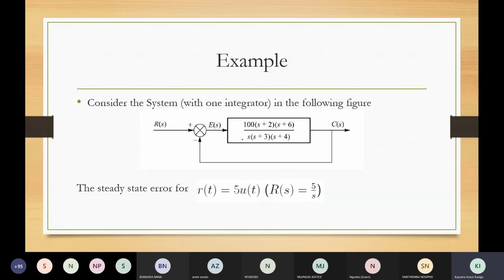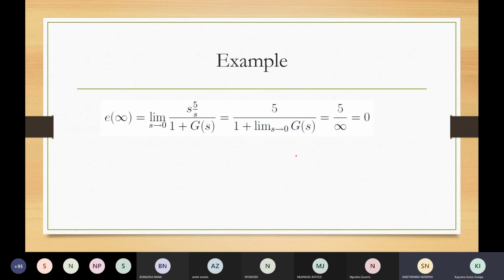But remember, we have s here on the denominator. This is our integrator, so it's one integrator. So s times all this is going to give us 0. So 1,200 over 0 is going to give us infinite. So this term here will be equal to infinite, so 5 over infinite is equal to 0. Are we together, guys? Or is there any question here?